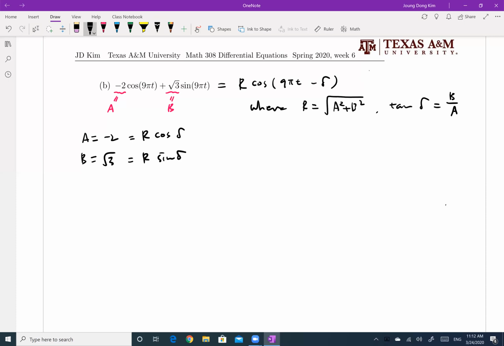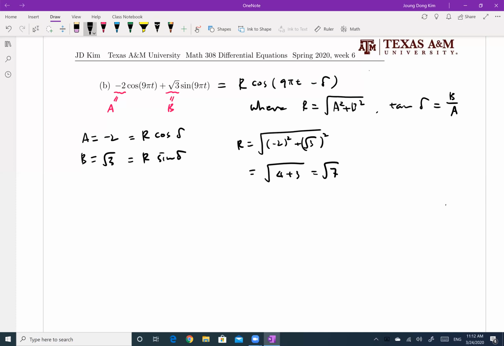Okay, finding r is easy. Your r is equal to the square root of -2 squared plus square root of 3 squared, which is equal to 4 plus 3. Then we can easily find r. But what about delta? It is a little bit sensitive, so keep that in mind.